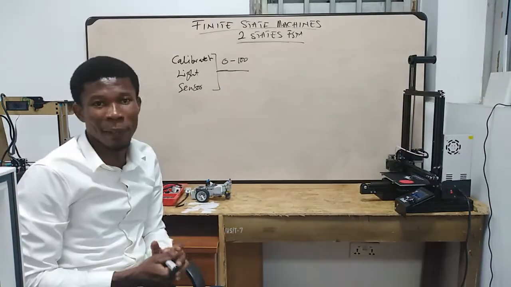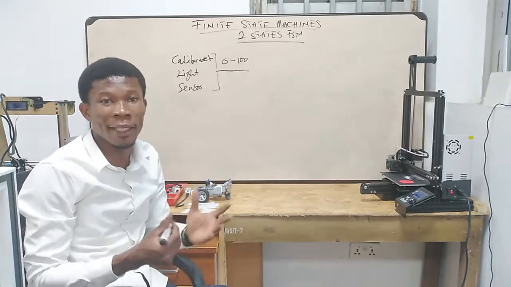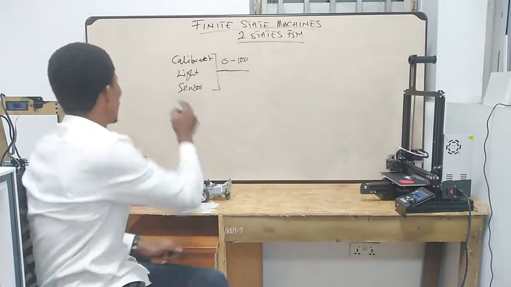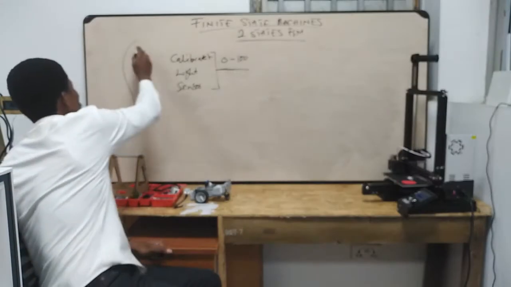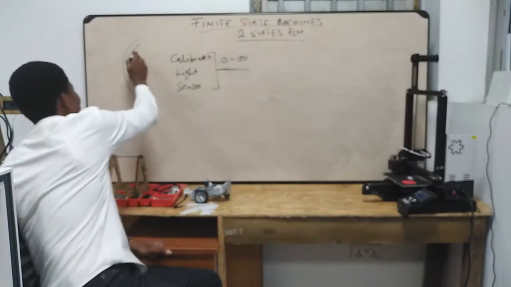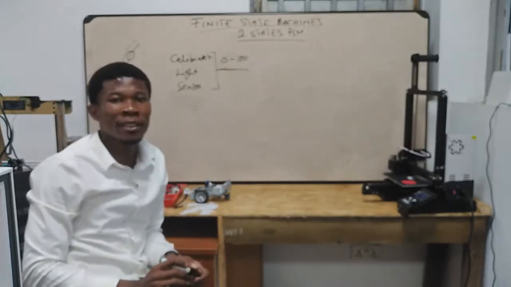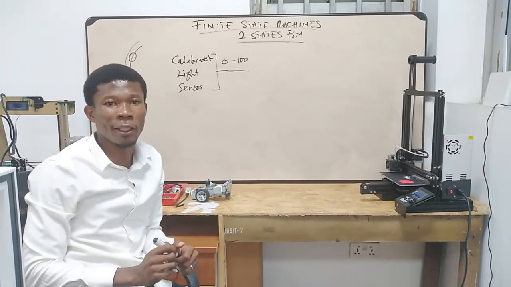So for a two-state machine, let us agree on our two sets of actions. We have a robot which is supposed to follow this black line, and we are starting with our initial condition where the sensor is positioned exactly half on the black, half on the white.